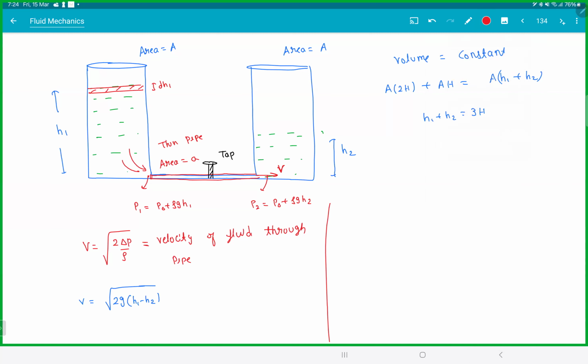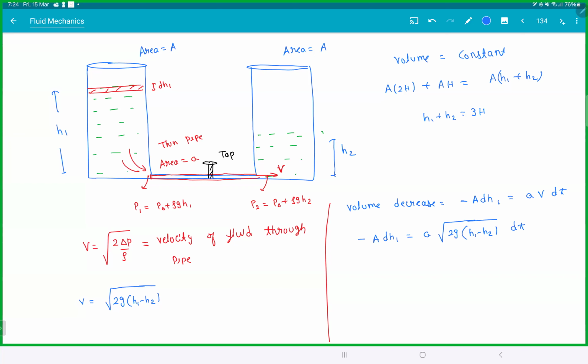So volume outflow, so volume decrease will be minus A into dH1. That should be equal to area of the hole into V into dt. That is minus A dH1 equals a times root 2g (h1 minus h2) into dt.